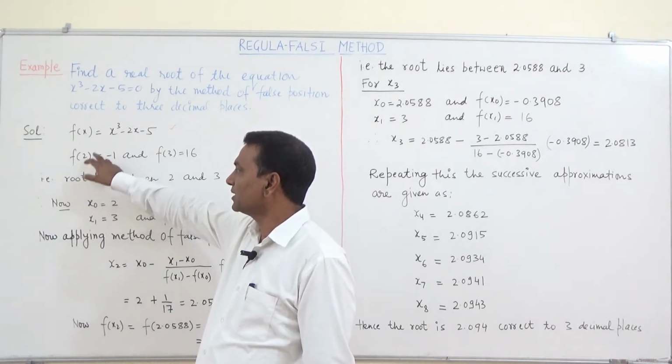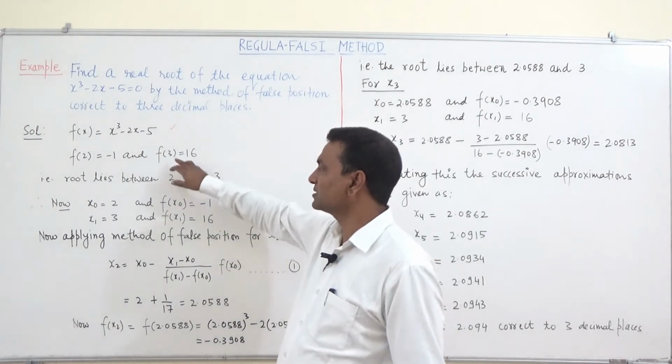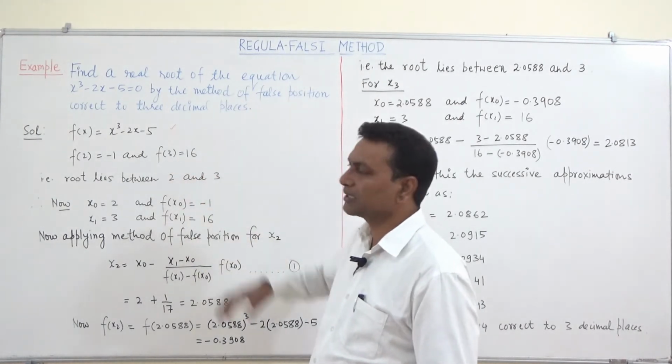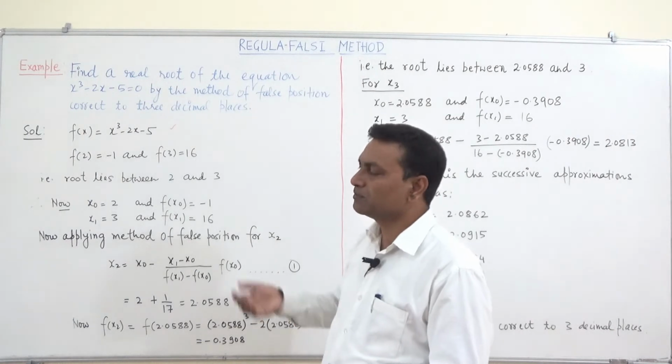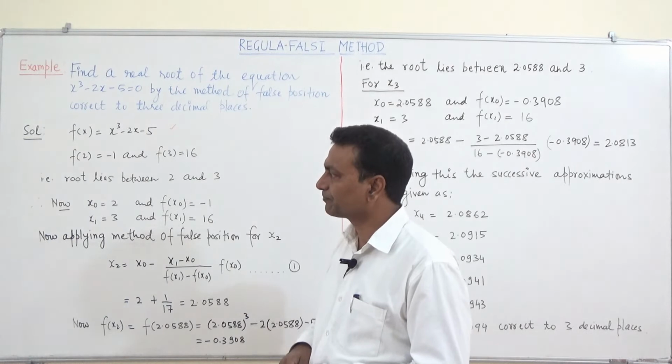As soon as we put x equals 2, we get a negative sign, and for x equals 3 we get a positive sign. So f2 is -1 and f3 is 16.